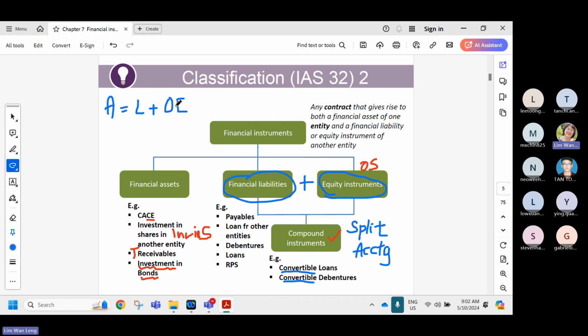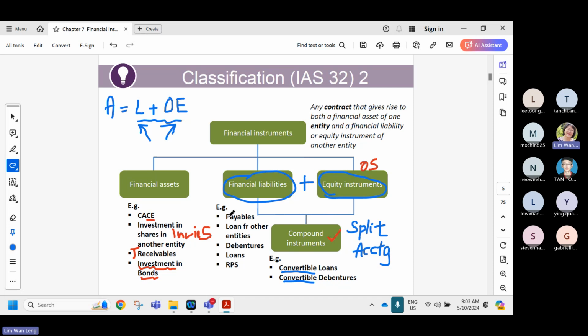So these two are at the same side of the equation. Which means sometimes there are certain difficulties to distinguish between liabilities and equity.